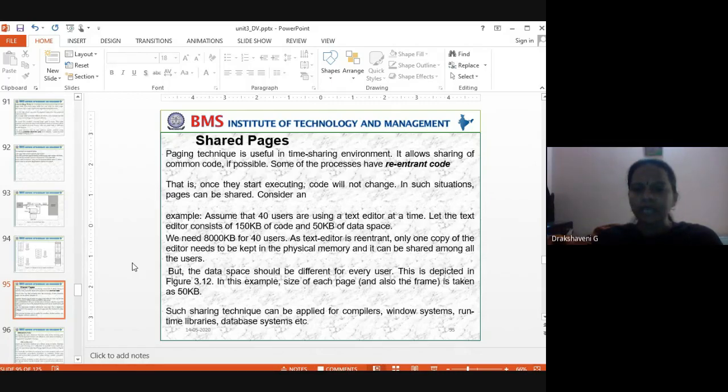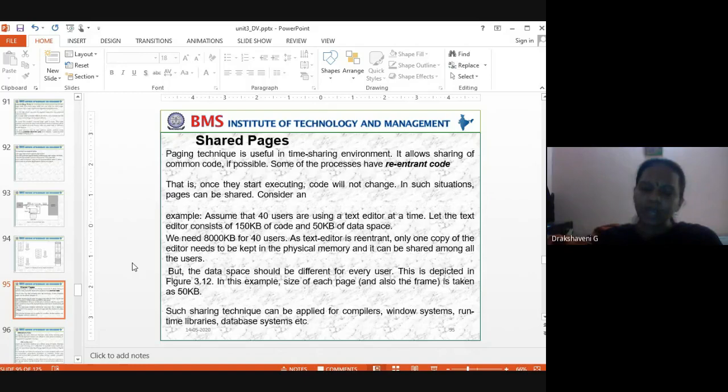In this example, the size of each page is taken as 50 KB. Sometimes, if Anu requires 50 KB and Chaitra requires 100 KB, I cannot share these two because she wants 50 and she wants 100. How can I share? It is not possible to share. Such sharing techniques can be applied to compilers, Windows, runtime libraries, databases, etc.